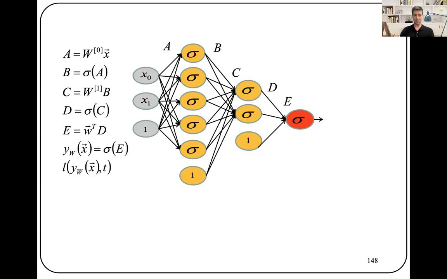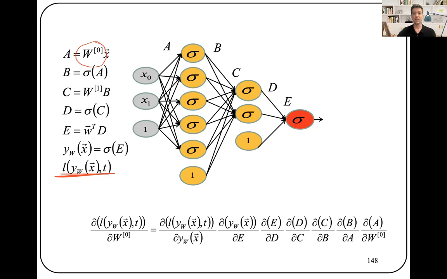Okay, so let's go back to our network. Again, what we want to do is compute the derivative of the loss function with respect to the weights in one of the layers, for example, the weights in the very first layer. It's the exact same thing as before.